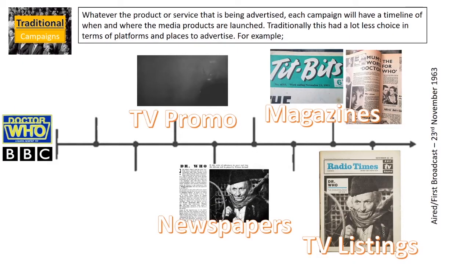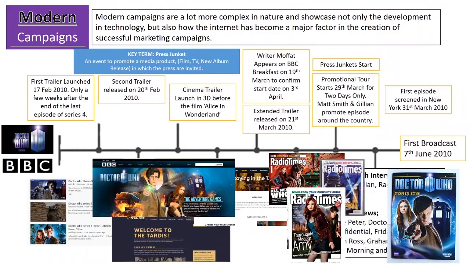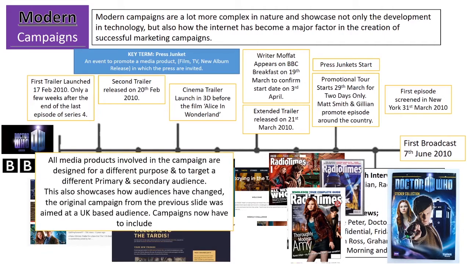Now remember, products are part of campaigns, so in traditional campaigns you were only really appealing to a UK based audience at the time, so the media products used were very limited, whereby if you compare it to modern campaigns, they are essentially designed to appeal to primary and secondary audiences, because different people watch different things.